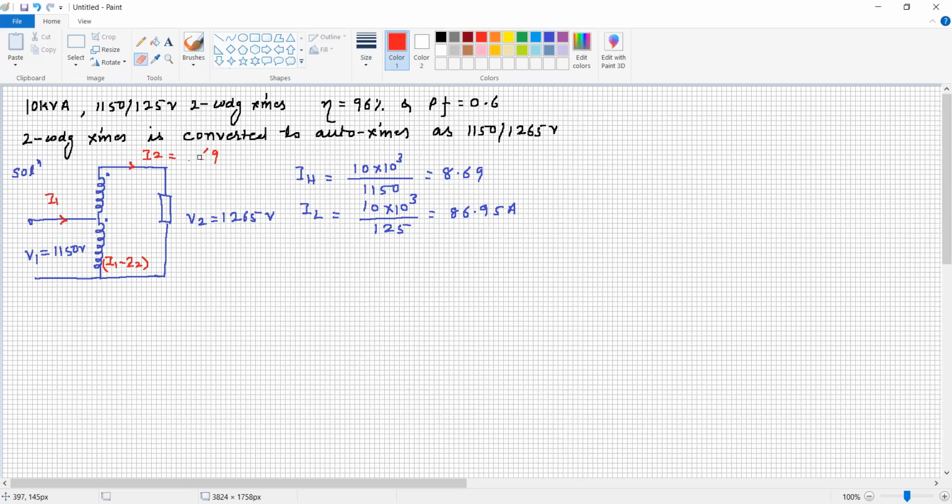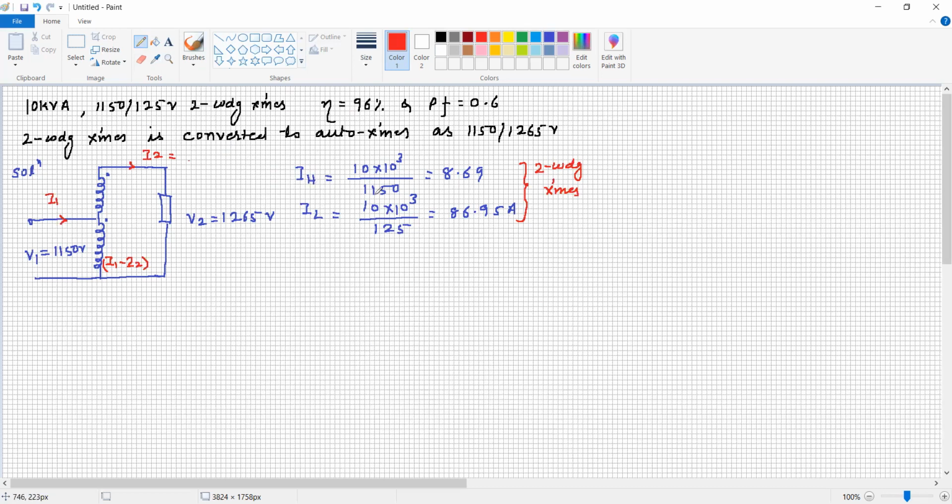Do not confuse. This HV and LV current is from the two winding transformer.